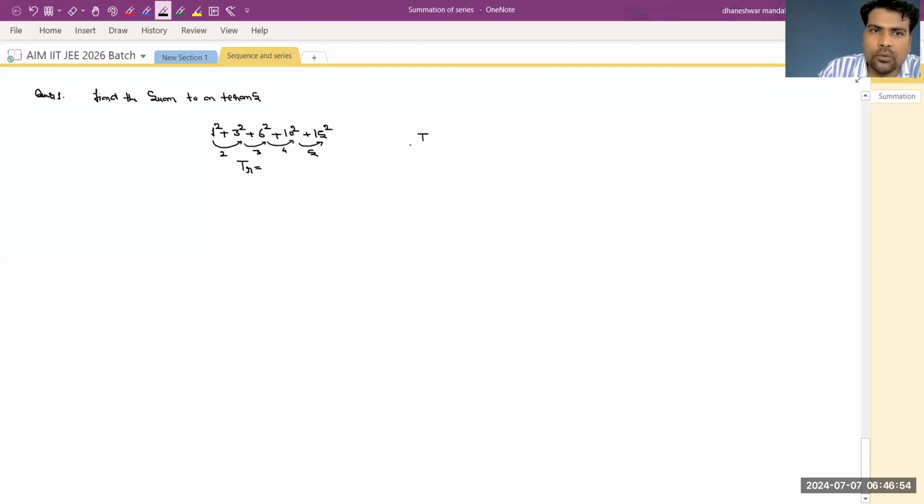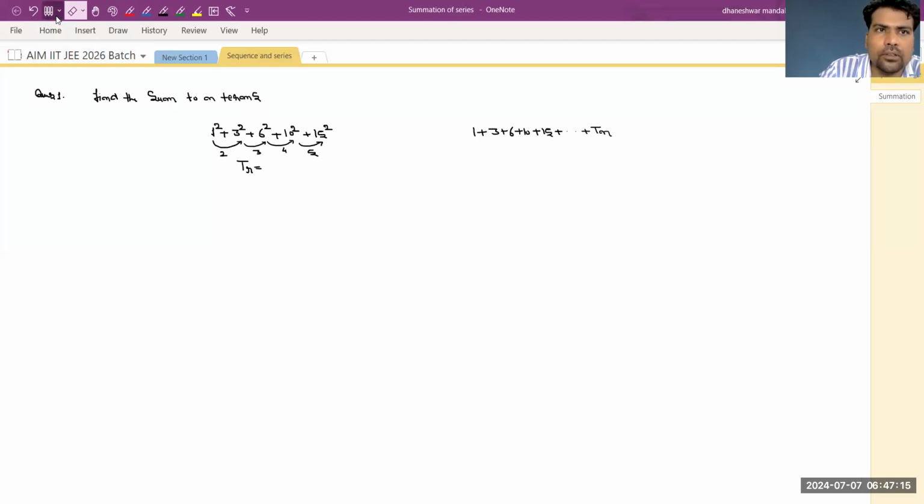So if I want to calculate the nth term, I can write it in this way. Here is the series 1, 3, 6, 10, and 15. Somewhere we have T of n in this series.